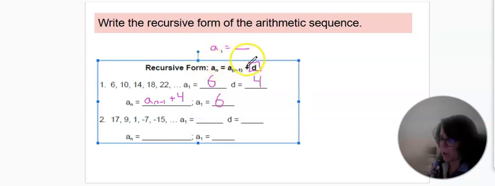You copy this part the same, so a sub n equals a sub n minus 1 plus 4, and you tell what a sub 1, the first term, is equal to. It's 6, so you just repeat that information. We're basically giving the pattern and the first term and saying, work it out from there. We'll try the second one together in class, but why don't you give it a shot now and see how you do.